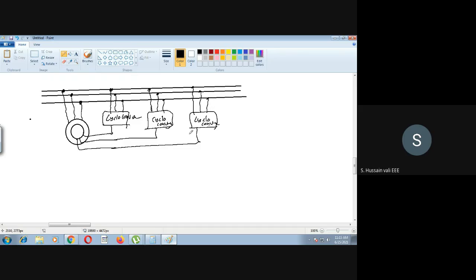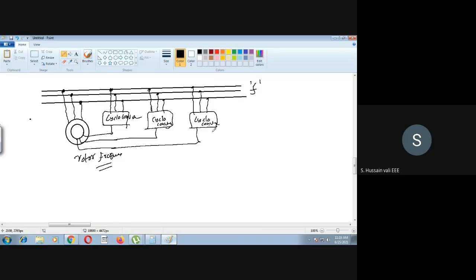Why you need a cycloconverter is that you should match the frequency of the bus bar. So what you do here is use a full wave cycloconverter. Then by triggering the firing angles here, the rotor frequency you will match using this also.